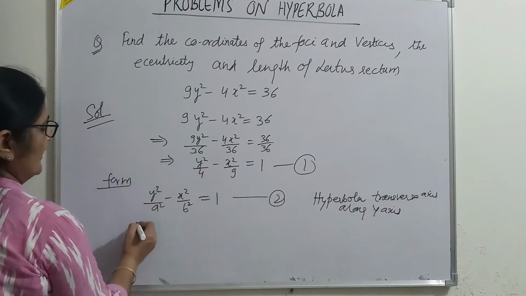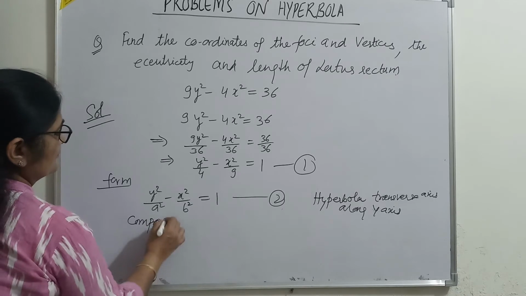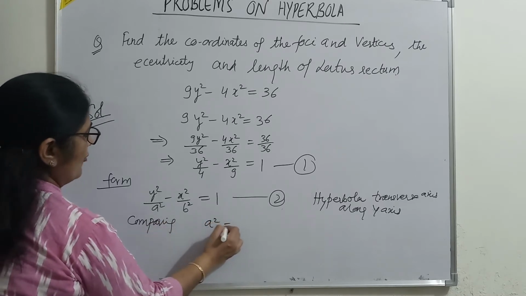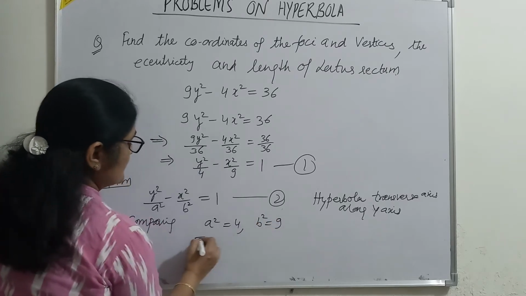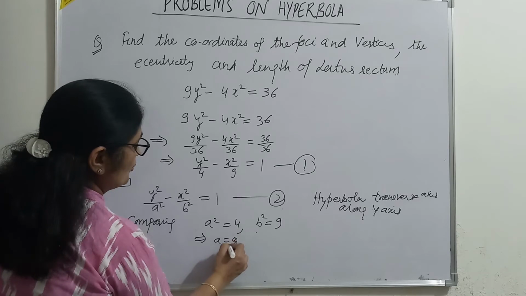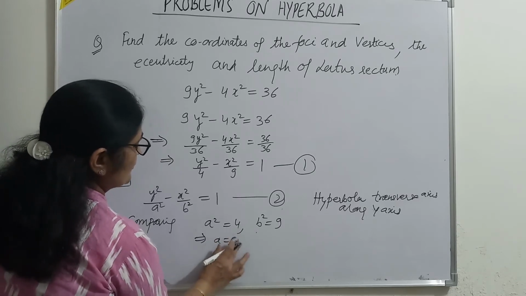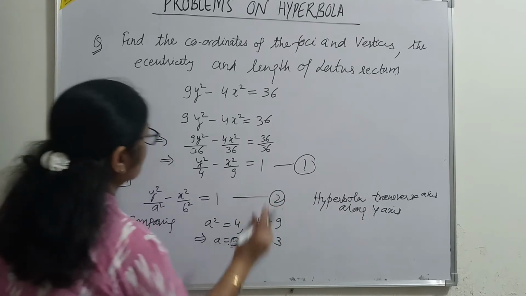Now comparing 1 and 2, a square is 4, b square is 9, so a is 2 and b is 3.